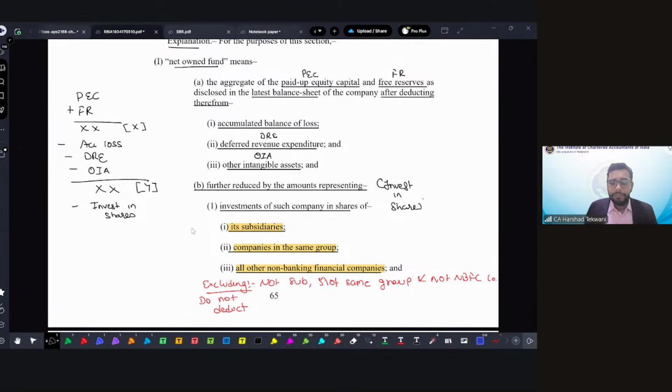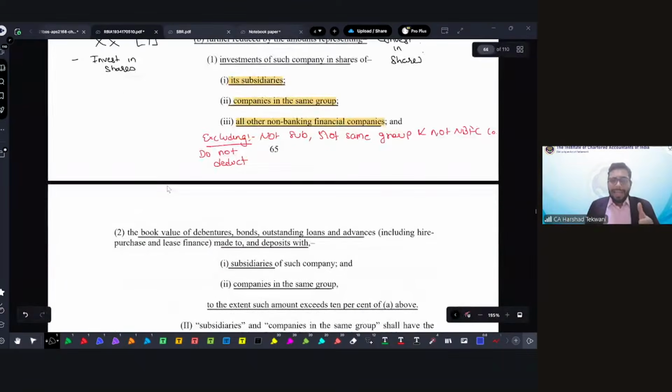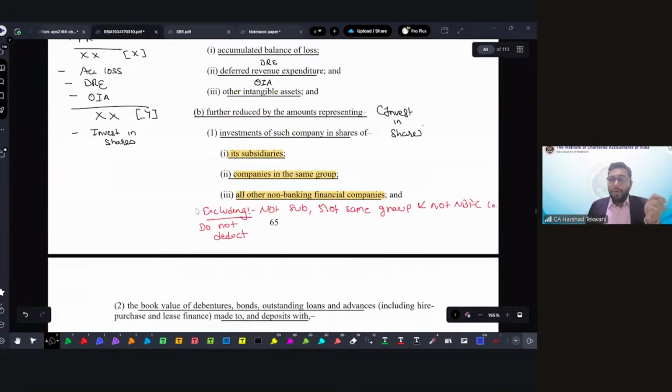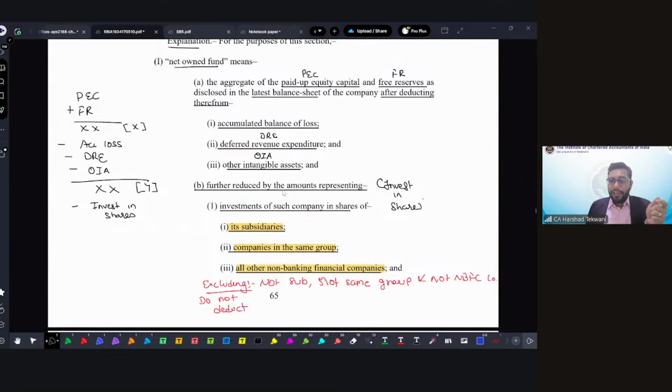Now, what they are saying is book value, debentures, everything, to the extent the amount exceeds 10%, of this you are required to deduct that additional amount.